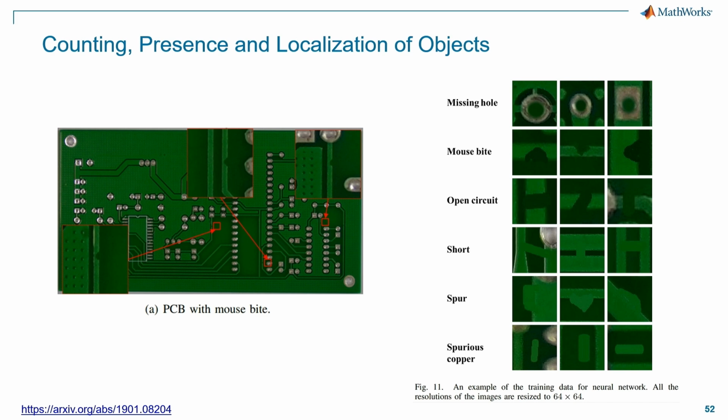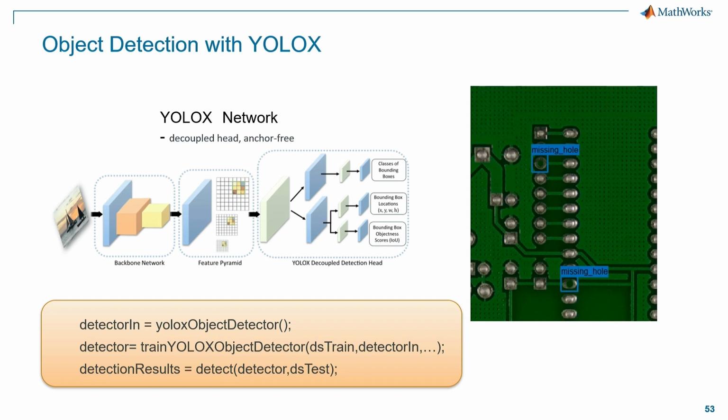I still use this PCB board because that's mostly available on the internet, what we can use publicly. We just have this, we call YOLOX, based on the anchor-free version of YOLO.